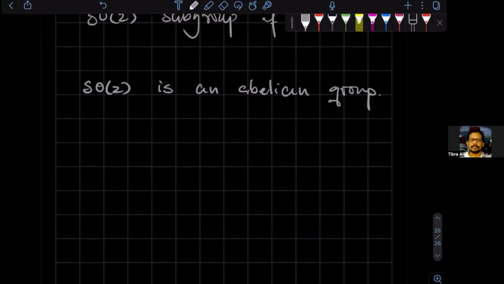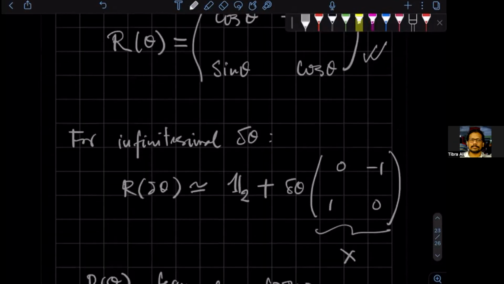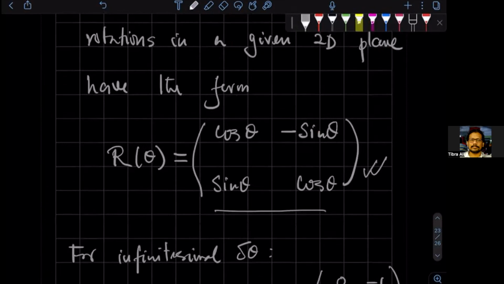Yeah, in 2 dimensions, rotations commute, right? So that means that SO2 should be an abelian group. And you can also show that from the explicit form of this. If you take 2 of these matrices, theta1, theta2, you can just do a little bit of algebra, and you can show that it commutes.